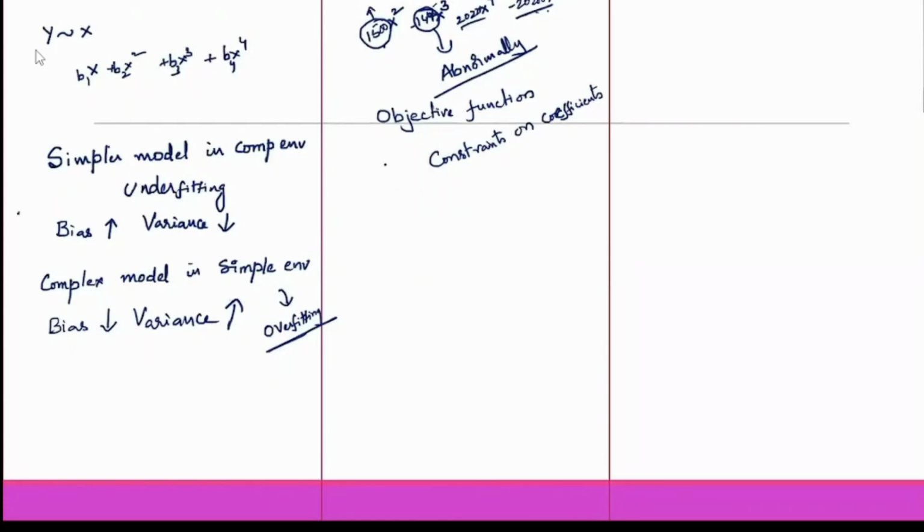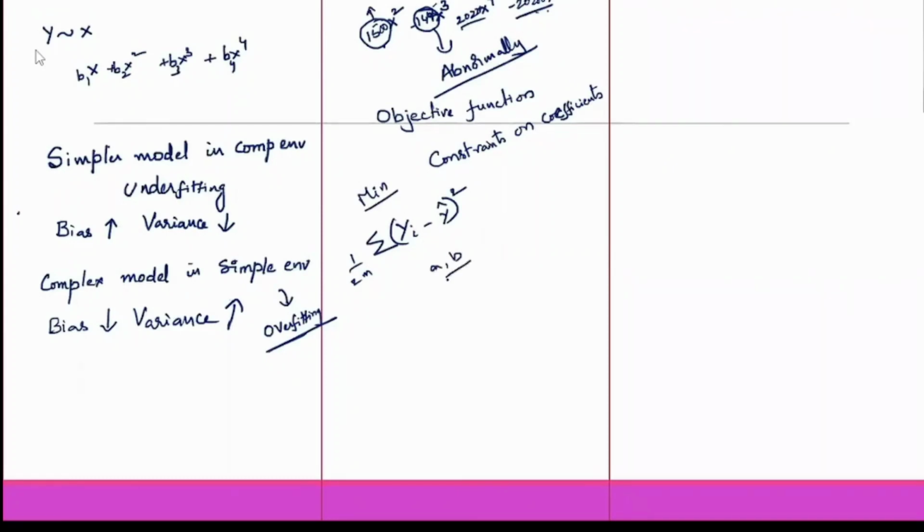Like in the OLS, in the ordinary least squares, we said yi minus y cap whole squared. This is what we did, so I wanted to minimize this, and based on this we have tried finding the coefficients a and b.